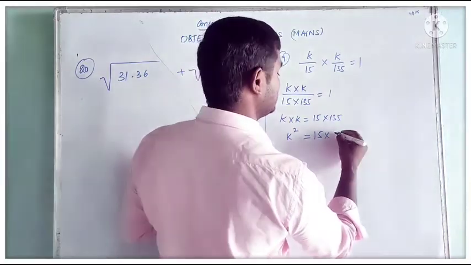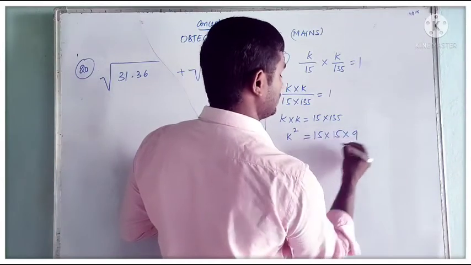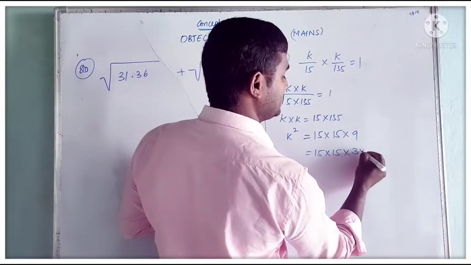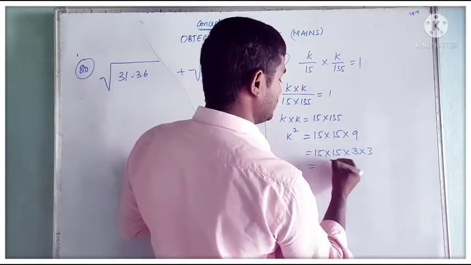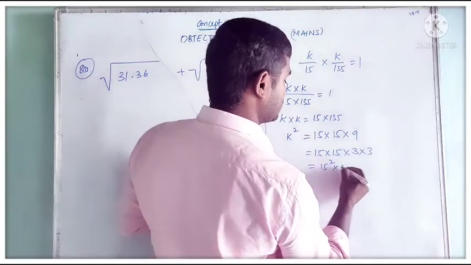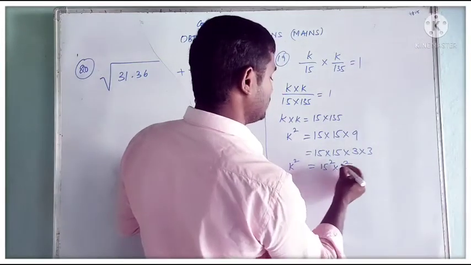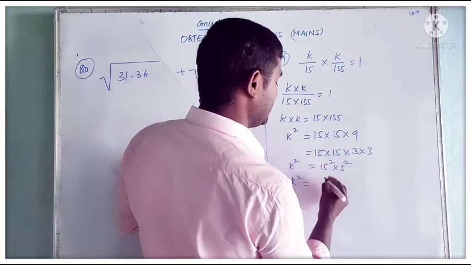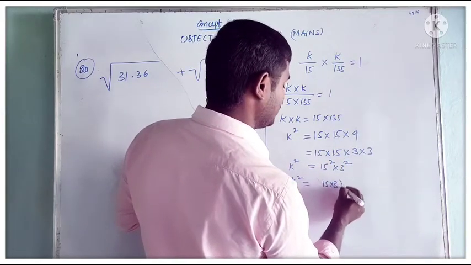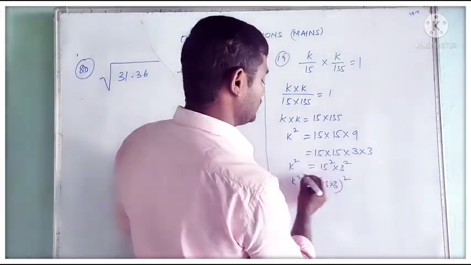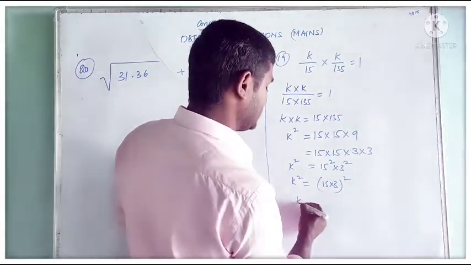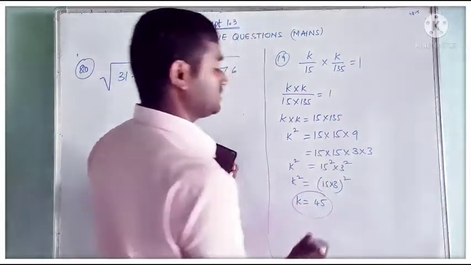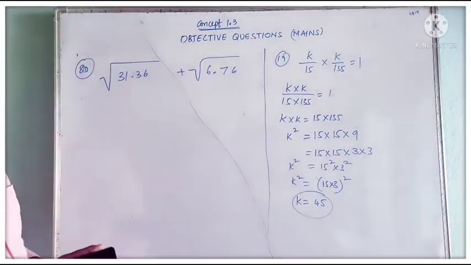I am writing 135 as 15 into 9, and 9 as 3 squared, so it is 15 squared into 3 squared. So k squared equals 15 squared into 3 squared. When we multiply same-power numbers, we can multiply the bases: 15 into 3 whole square. If both sides' powers are the same, the bases are equal. K equals 15 into 3, that is nothing but 45. K equals 45 is the correct answer for that.